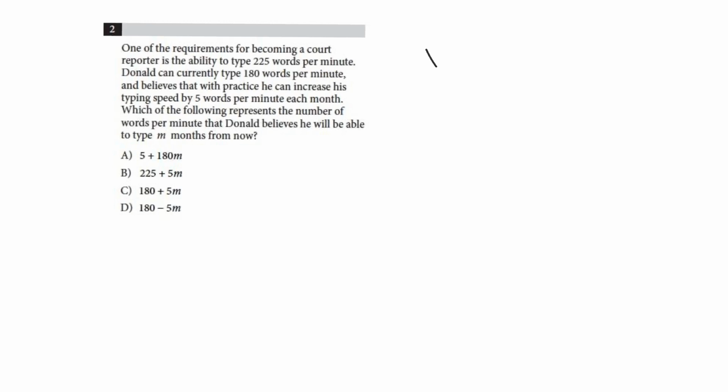Okay, so we should recognize that this is going to be a linear relationship. So the output equals the rate of change times the input plus our starting value. And in this case, our starting value is 180 words per minute. Okay, so that'll be our B value, and our rate of change is 5 words per minute per month.